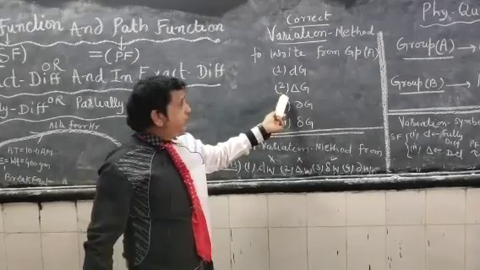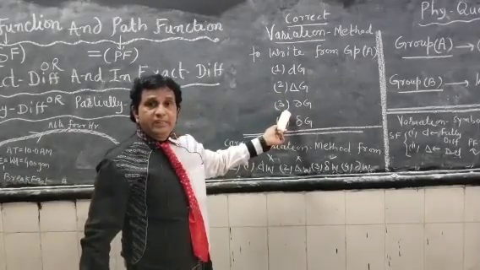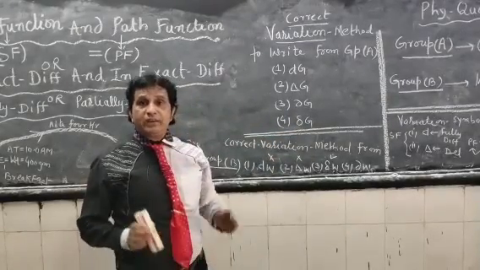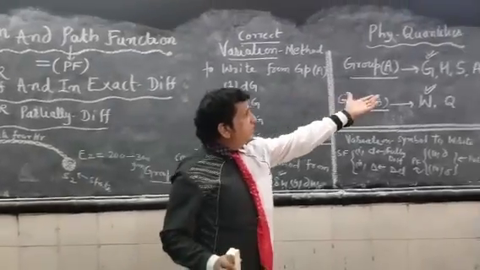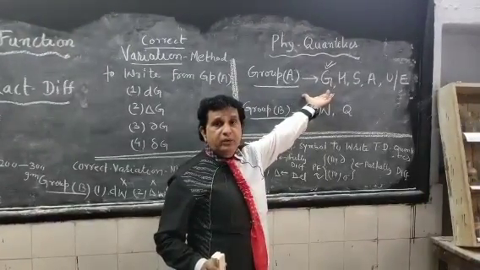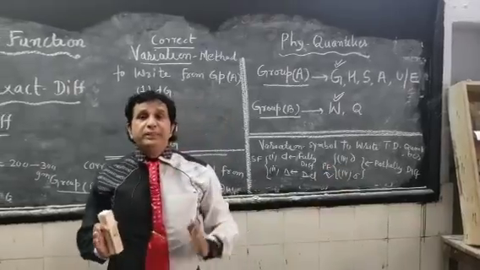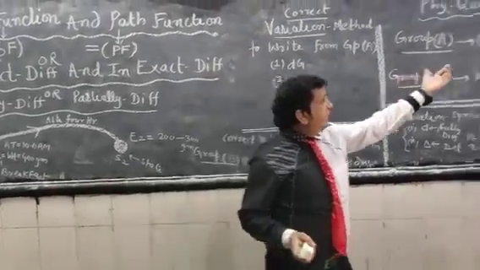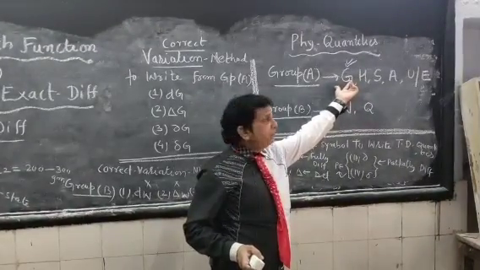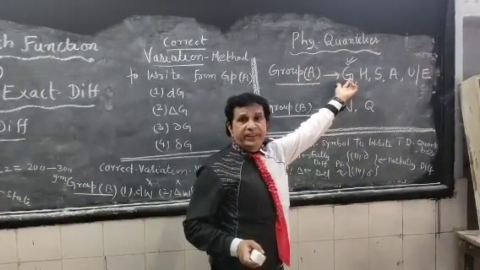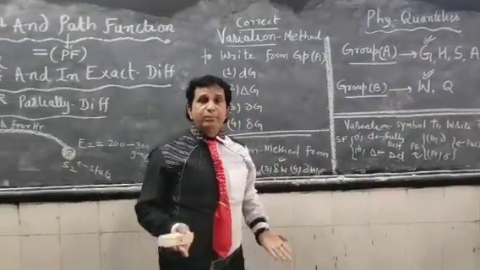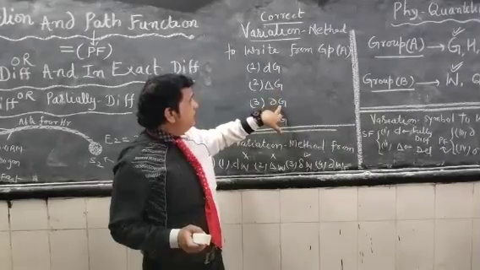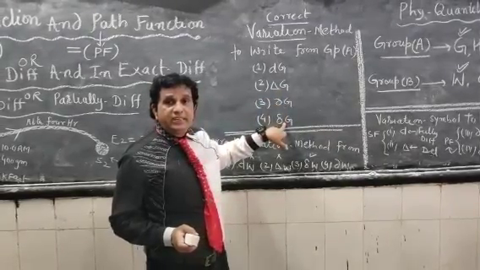Second, del G. Third, delta G, and fourth, partial delta G. Students actually get confused about which is the correct method for variation, for changing these thermodynamic quantities in group A. Let us select from group A, G as Gibbs free energy, and the four options I have mentioned on the blackboard: dG, del G, delta G and partial delta G.